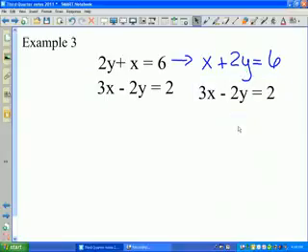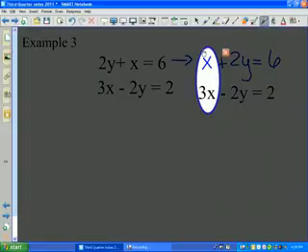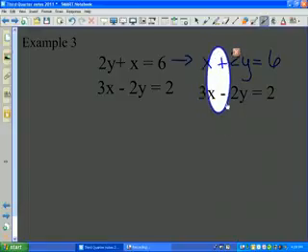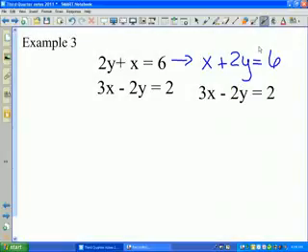And all I did underneath what was written in blue is just rewrote the bottom equation. So now I should have my x's lined up and my y's lined up. Okay, so now everything's right in the world.